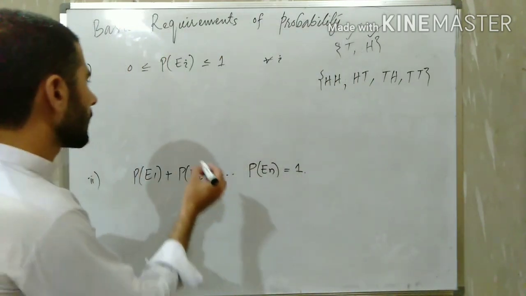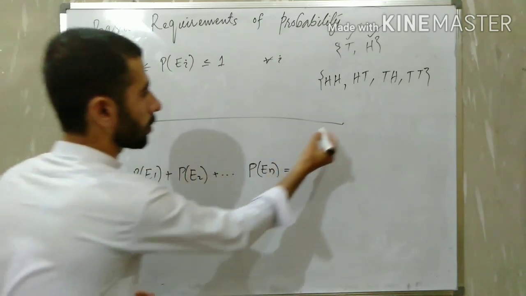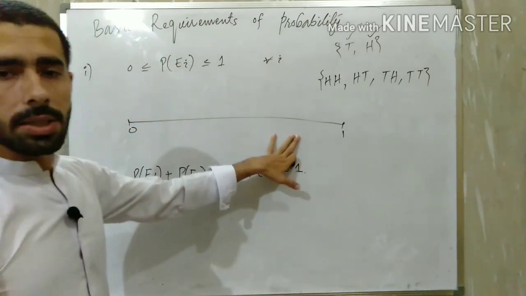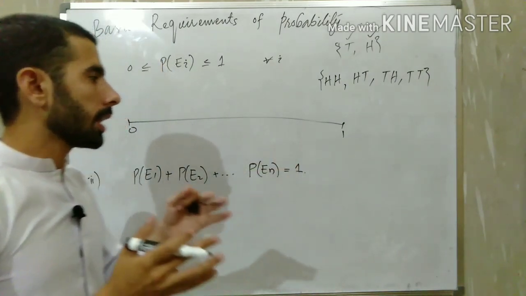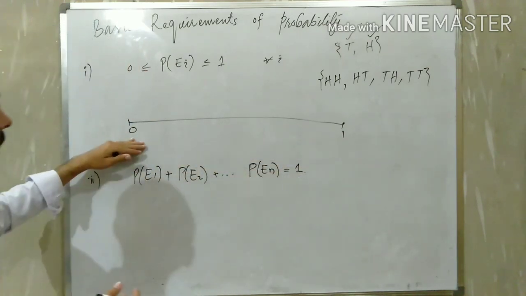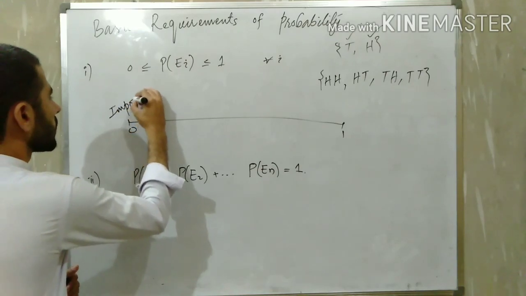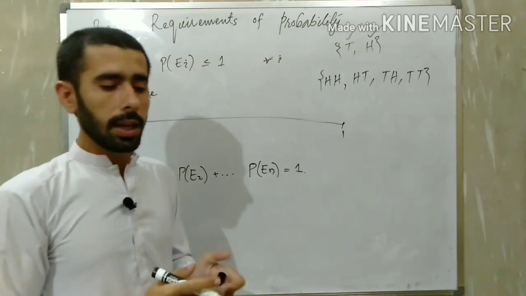It means that on a line from 0 to 1, you may also call it a probability line, whatever experiment you are doing and whatever outcomes you get of that, their chances must always be between 0 and 1, where by 0 we mean an impossible outcome, something that really does not have any chance to happen.